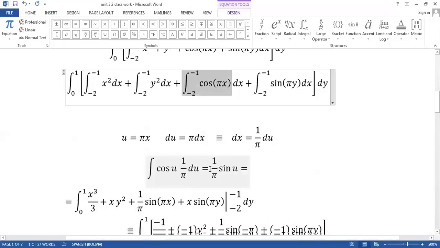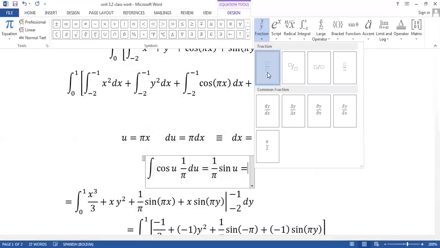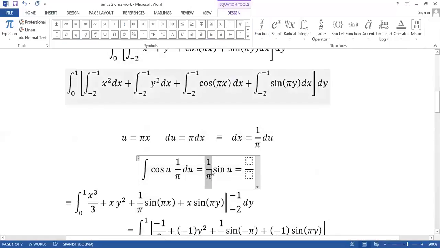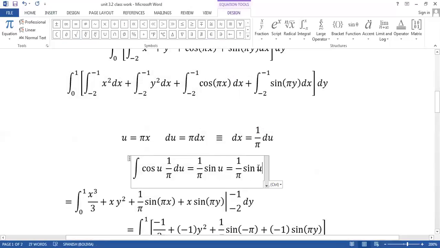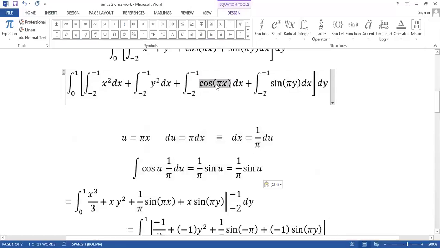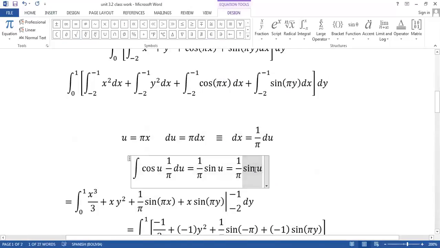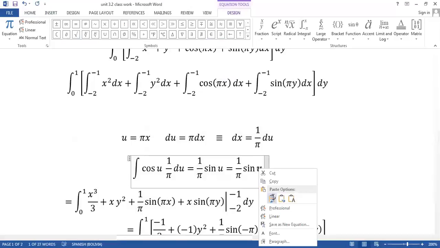So this is what it works out to: sine u du. And if you want me to, I can do this. Copy, paste. And what I'm doing is changing my u now back to pi x. Copy, paste.